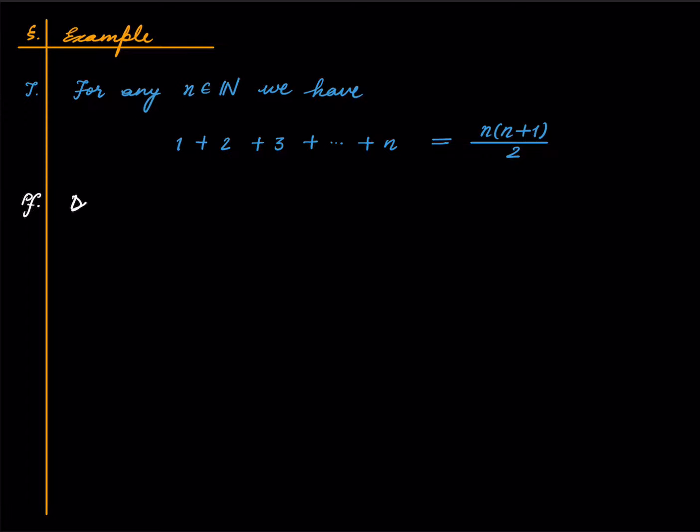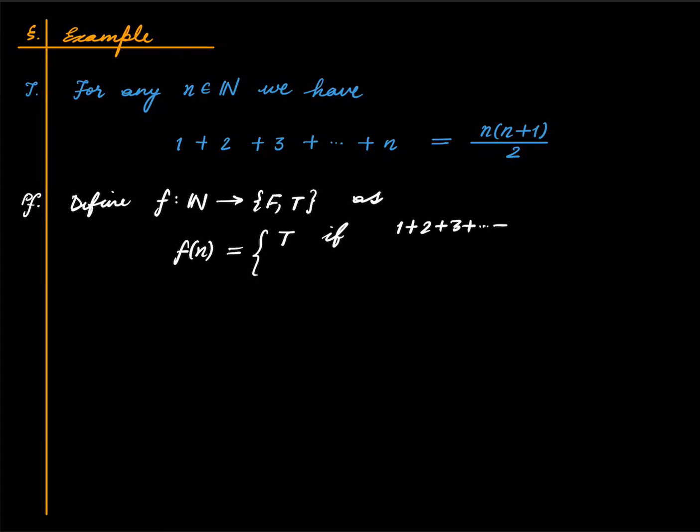So define f from the natural numbers to 0, 1, or maybe I'll say false and true. We define this as f of n equals true if the sum of the first n natural numbers is indeed that, and false otherwise.